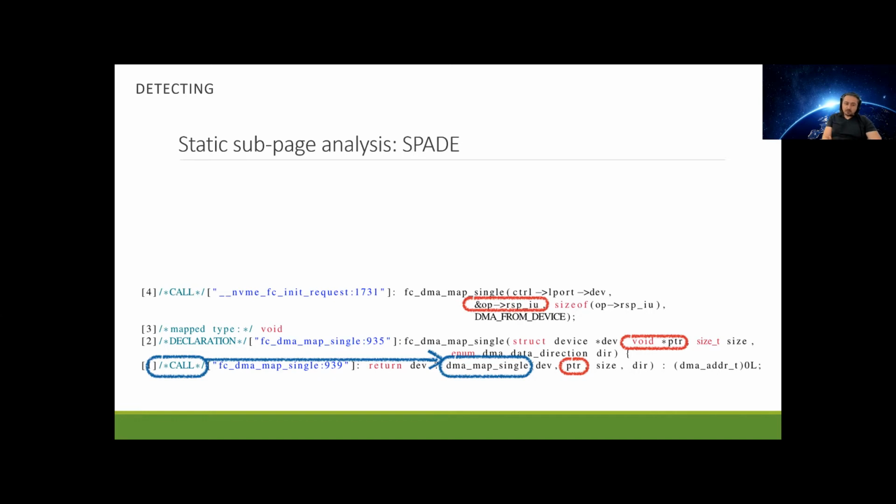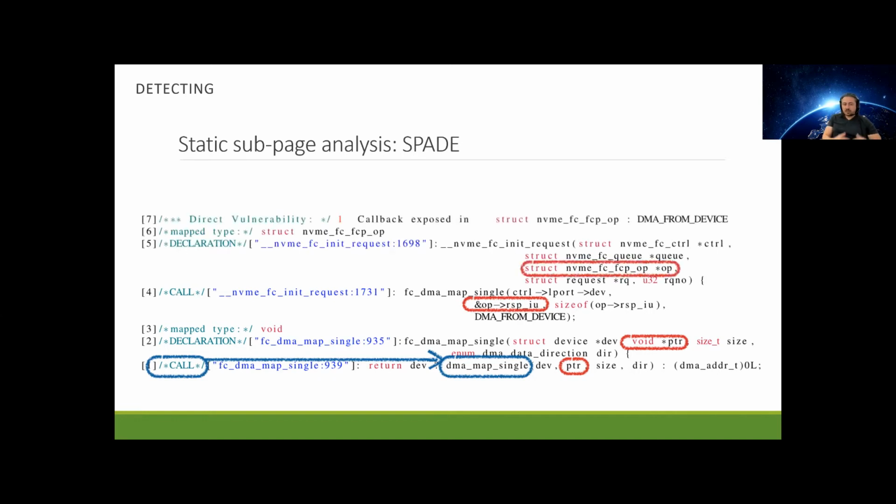We find that the pointer actually is an op pointer, and if we scroll up the screen, we find the name of the data structure, and we analyze this data structure with tools like pahole. We find callbacks inside of it, and thus we find the vulnerabilities that we were looking for.